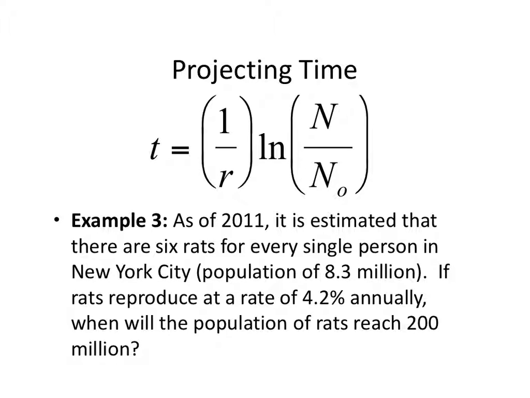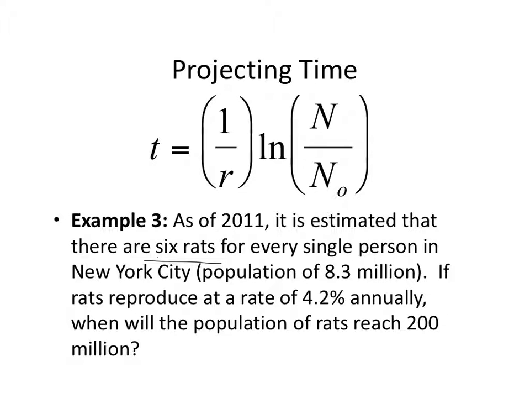All right, the last example is looking at how long it takes for a population to increase at a certain percentage. Here we have an example looking at rats in New York City. If you've ever been in New York City in the subways or near a trash pile, you will know that New York City has a lot of rats.